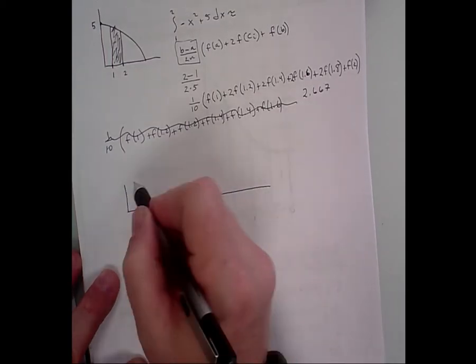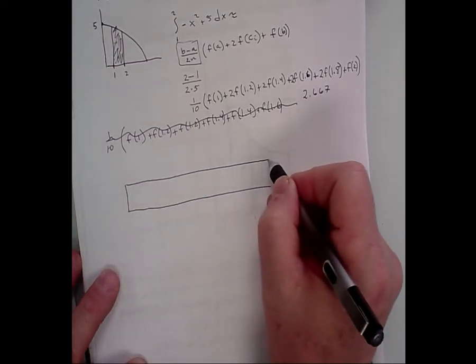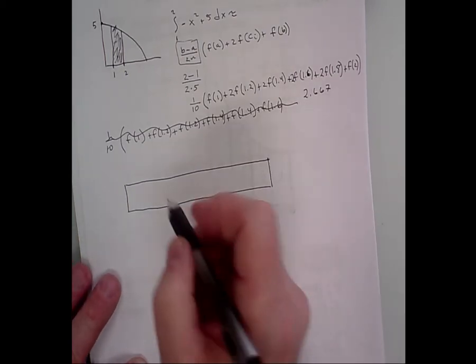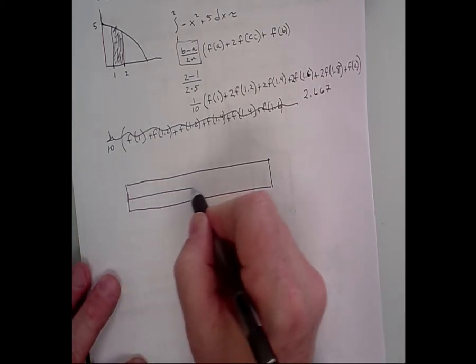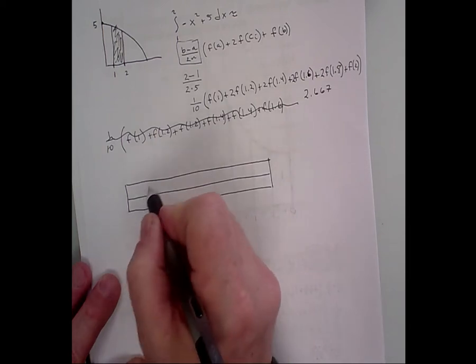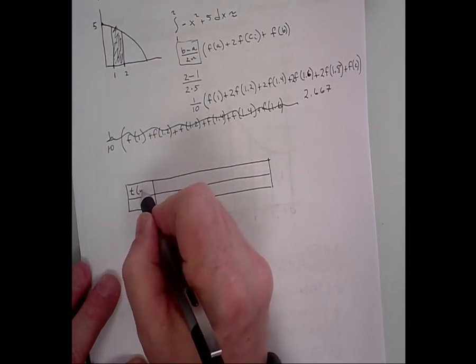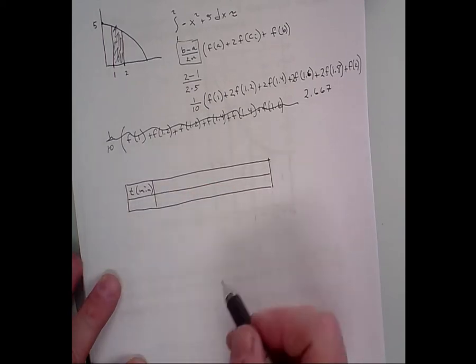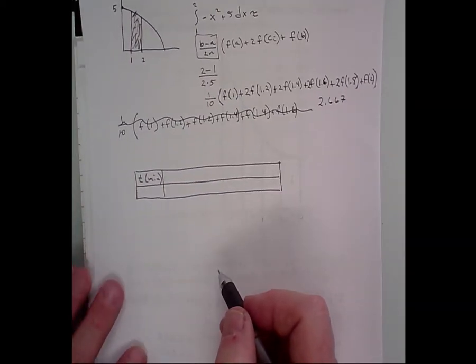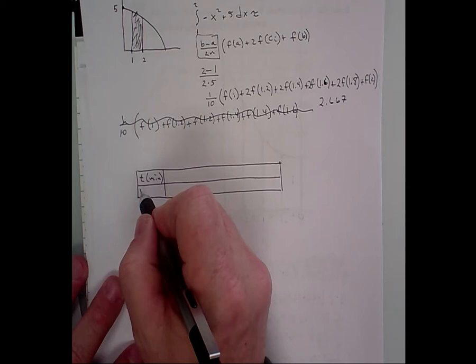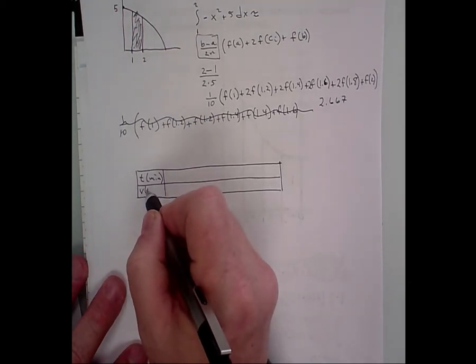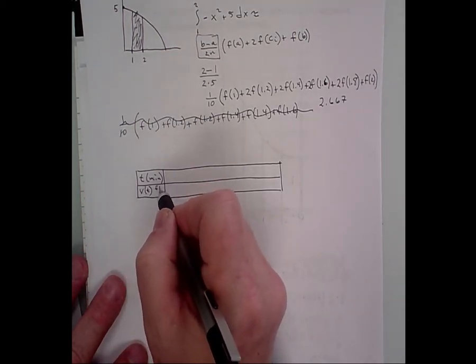They love giving you a table. And this will be worth 9 points on the AP exam. And they'll tell you this is time, and that it represents minutes. And down here, this is velocity, and that is feet per minute.